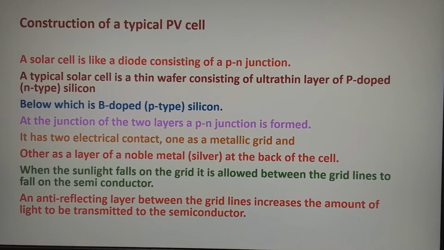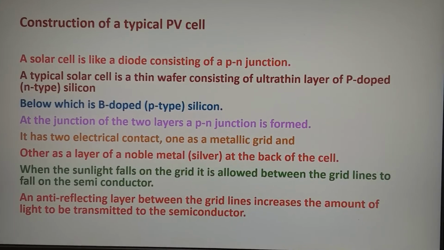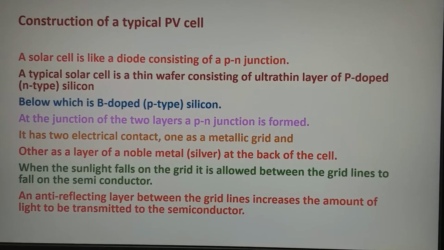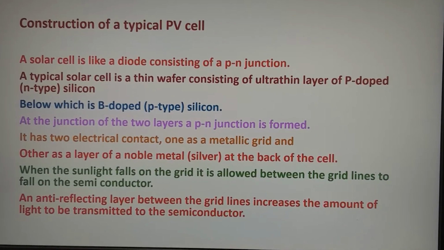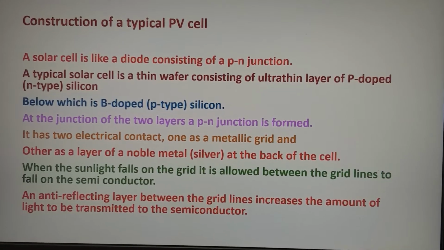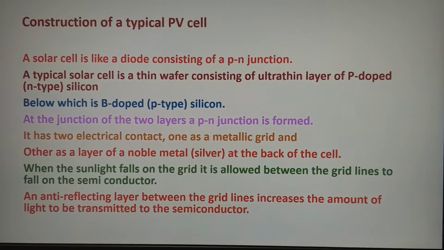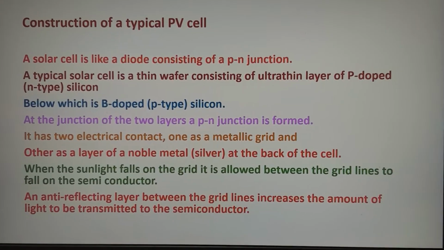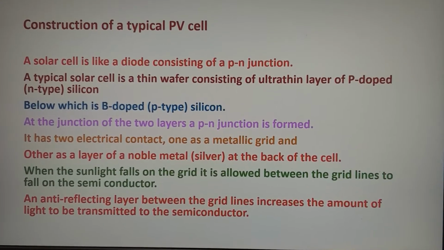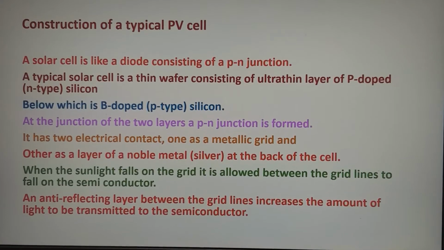So, how to construct a PV cell? A solar cell is like a diode consisting of a P-N junction. A typical solar cell is like a thin wafer. Wafer biscuits you might have seen have many layers.